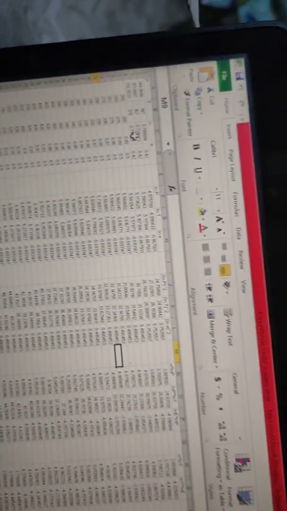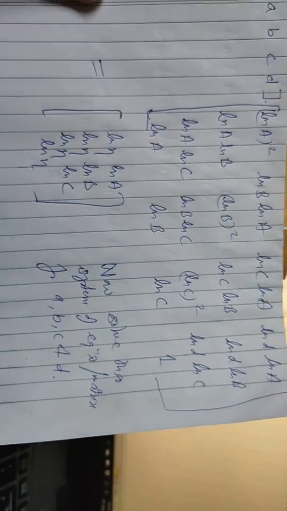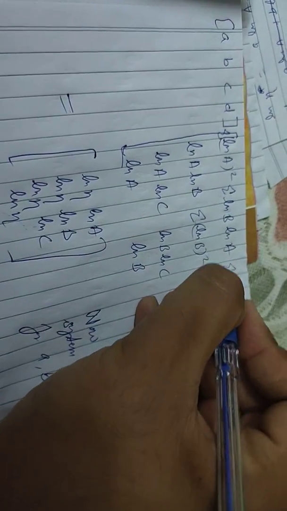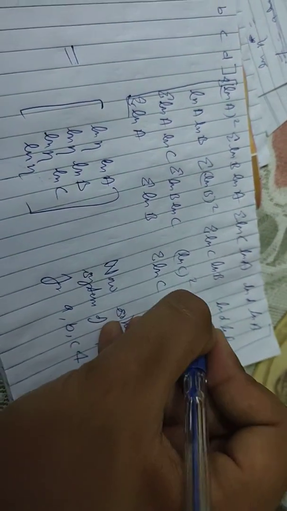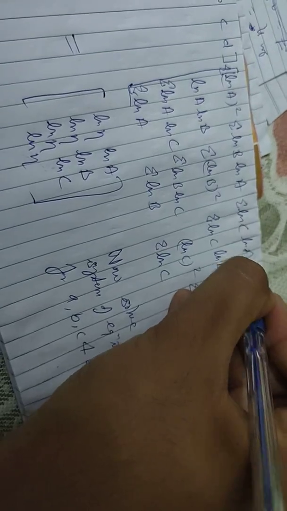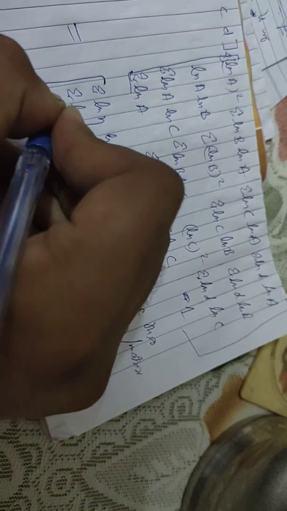Now for the system of equations we need this kind of matrix, and for that we need some summations. Before moving ahead, I have to clarify that all of these are summations, so don't be confused. This was a constant, so we don't need to put it there. Now it's all right, so we follow this.